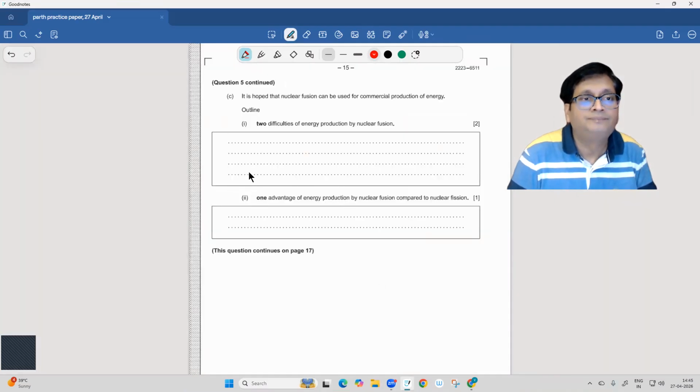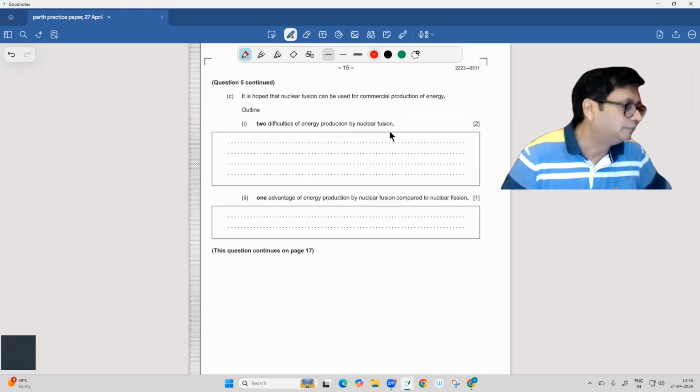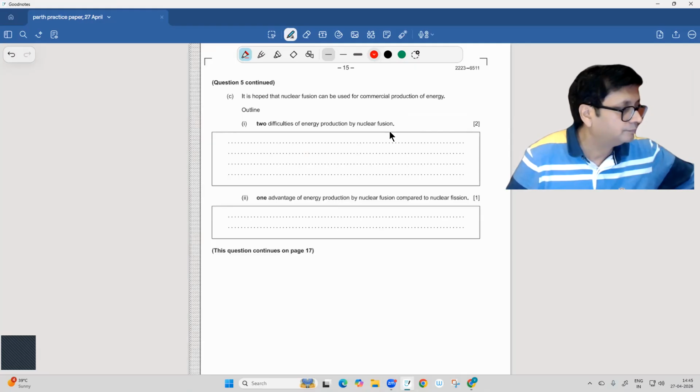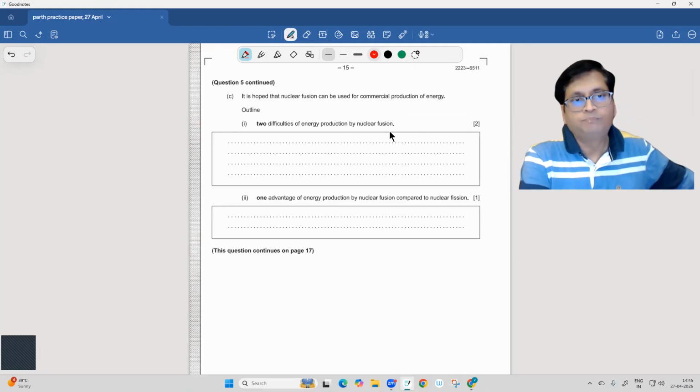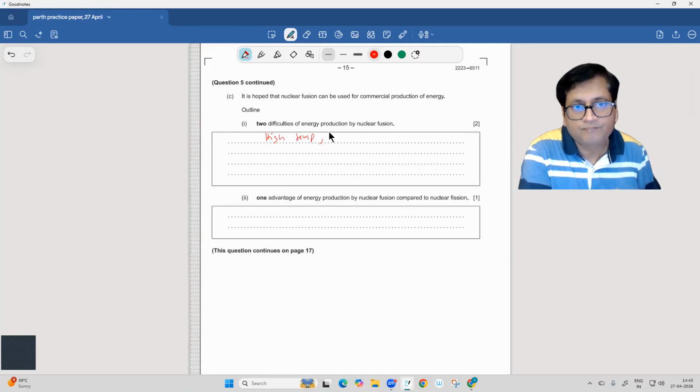It is hoped that nuclear fusion can be used for commercial production of energy. Outline two difficulties of energy production by nuclear fusion. Very high temperature and high density are required, which are hard to achieve on Earth, especially on a commercial scale.